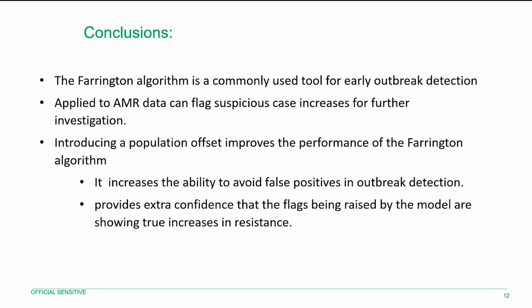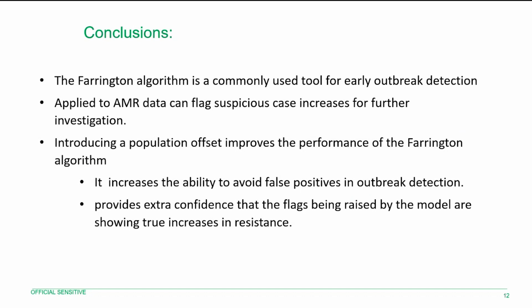So to conclude, we considered the Farrington algorithm applied to antimicrobial resistance data. This is a commonly used tool for early outbreak detection, and applied to antimicrobial resistance data it is a tool that helps us flag suspicious case increases in resistance for further investigation.